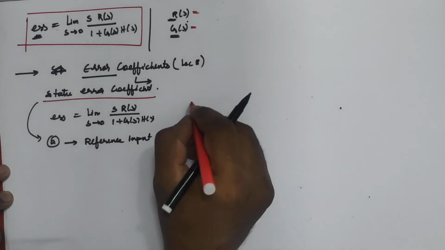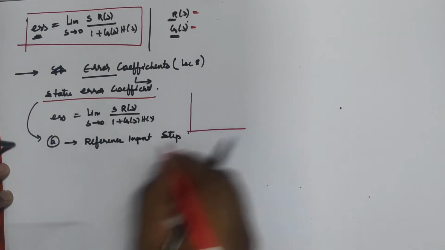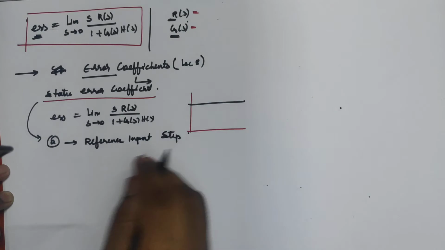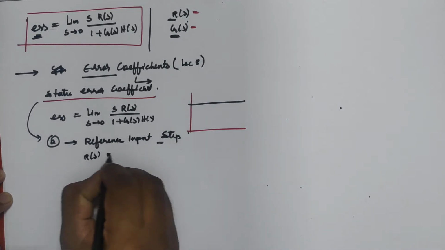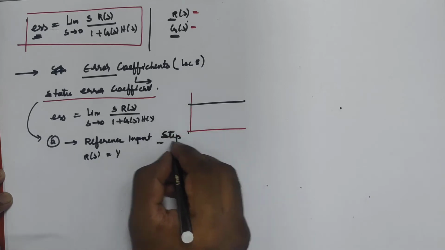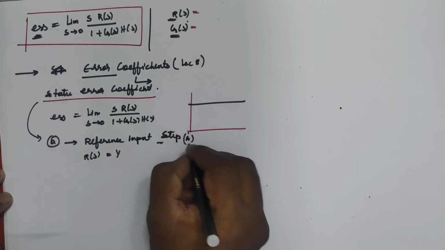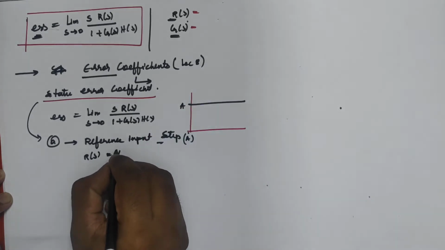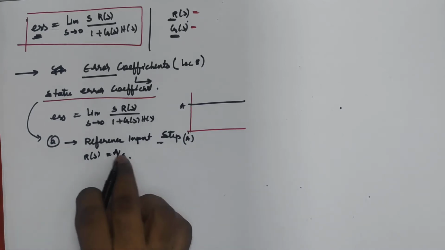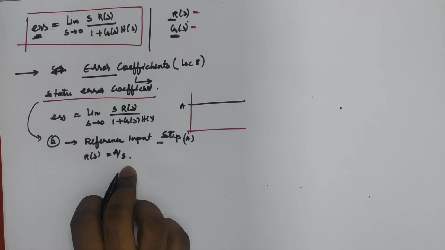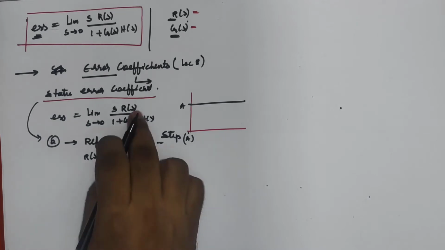If my input is step with magnitude, let us say A, then R(s) is what? We'll get A by s. Now substitute this A by s here.